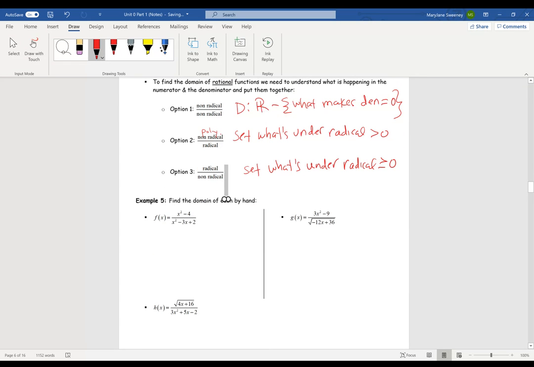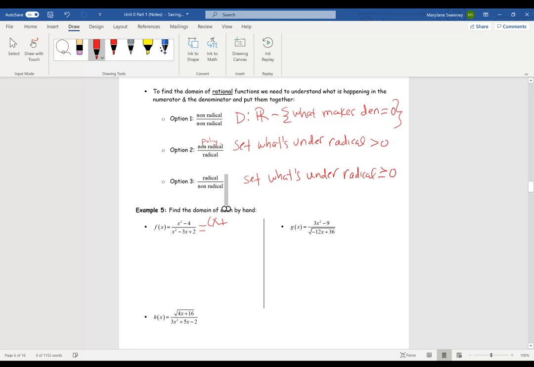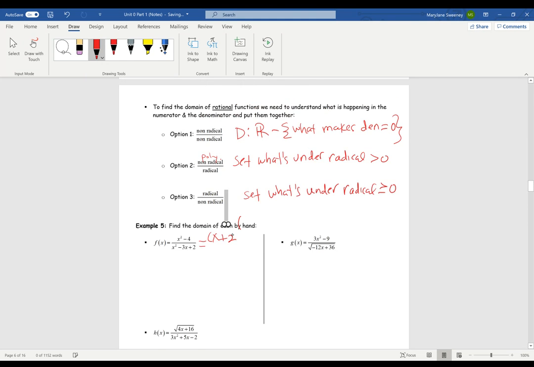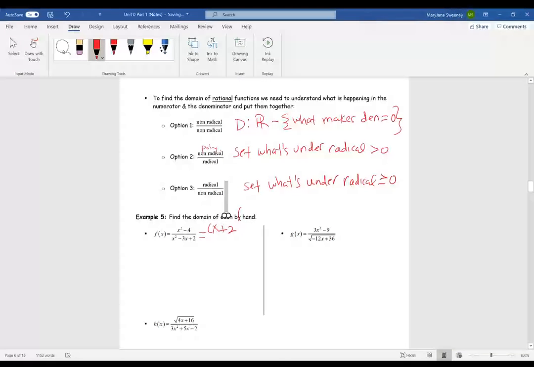Okay, so for the domains of these, top is a polynomial, bottom is a polynomial. Oh, there is something tricky here, though. When you have two polynomials, you do have to factor, because a review from last year, if there's a common factor on top and bottom, which there is here, that means there's a hole in the graph.